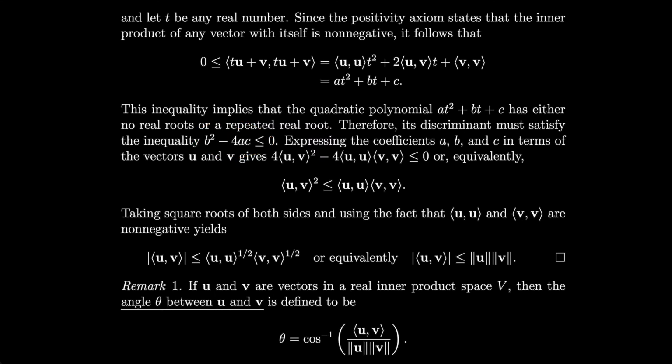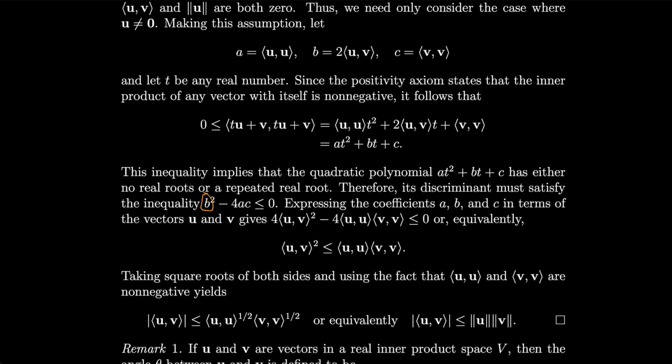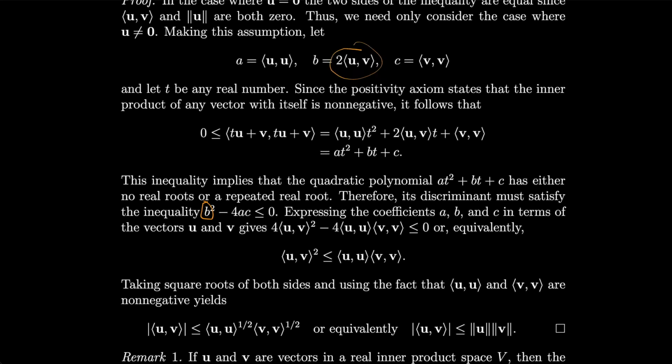Expressing the coefficients a, b, and c in terms of the vectors u and v, we're replacing b now. We said b was 2 times the inner product of u and v. So instead of b squared minus 4ac, we'll get 4 times the inner product of u and v squared, minus 4 times the inner product of u with u and v with v.